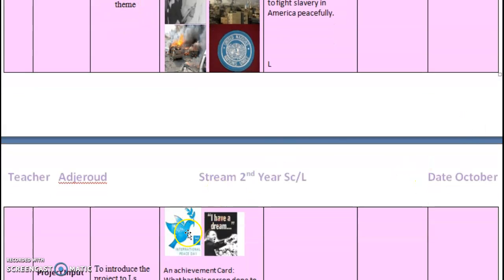Here it's a picture of a pigeon holding a little branch, and it's a sign of peace.